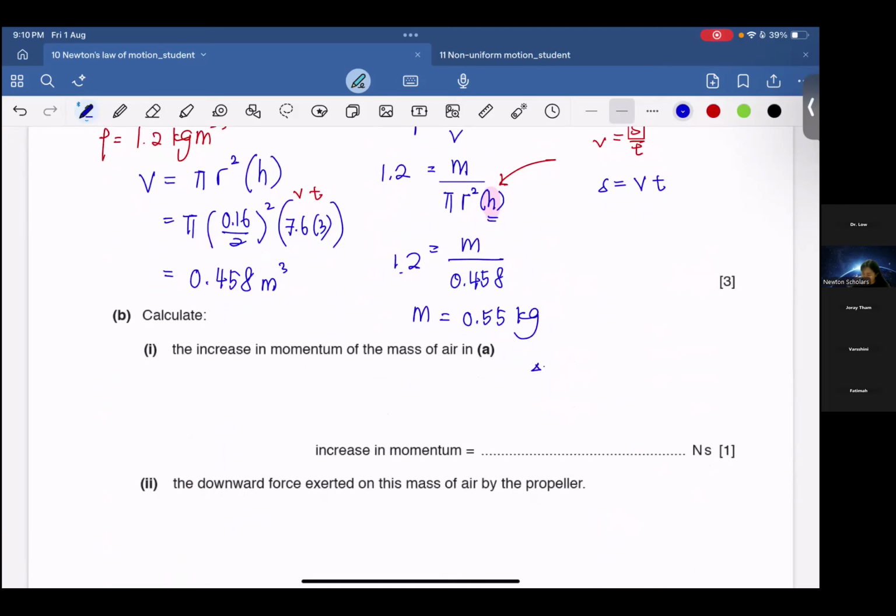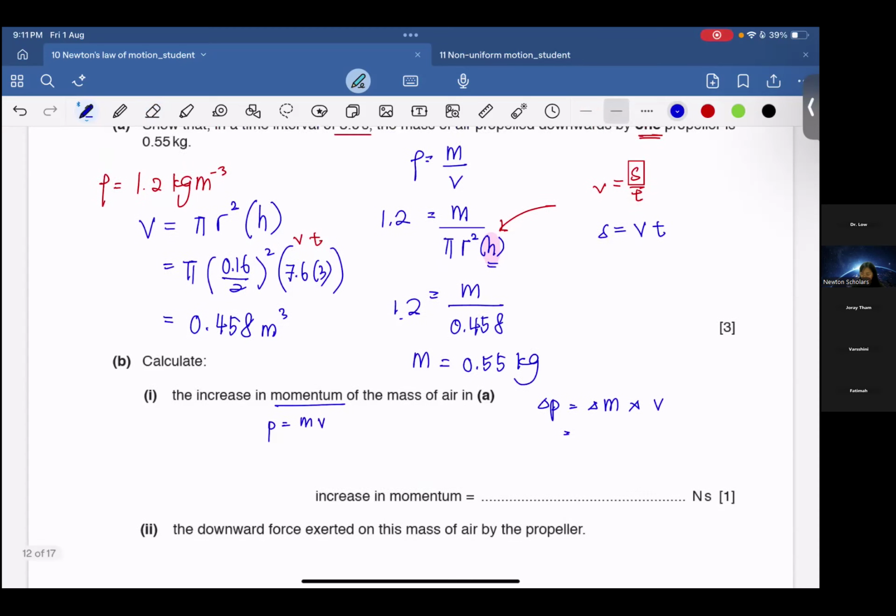Change in momentum is actually the change of mass times the velocity. Momentum is mass times velocity. So they want us to use the answer in A. That means we have to use this 0.55 times the velocity.